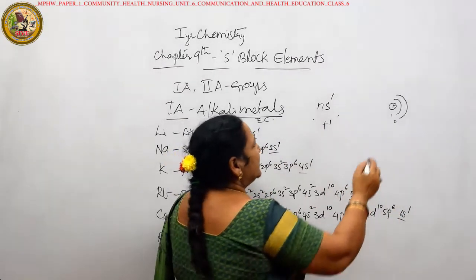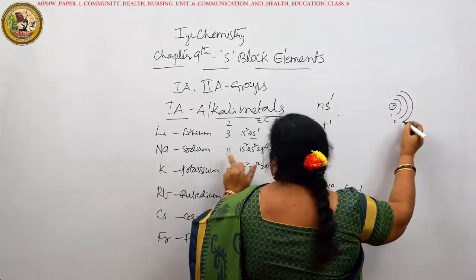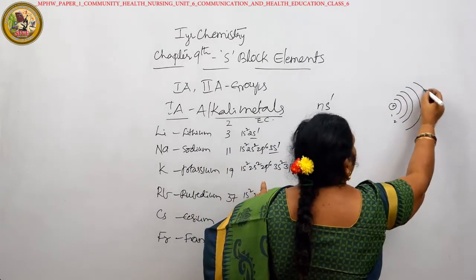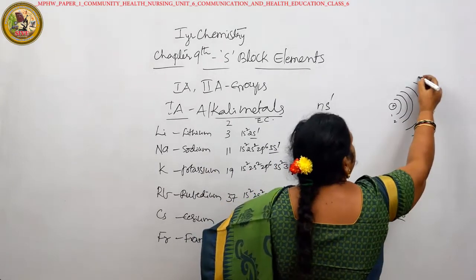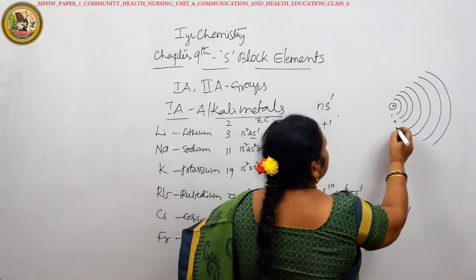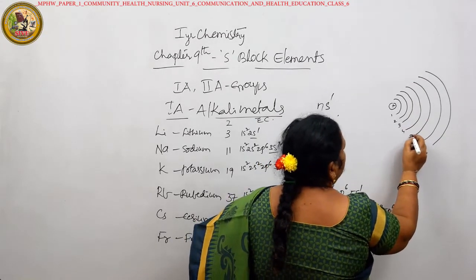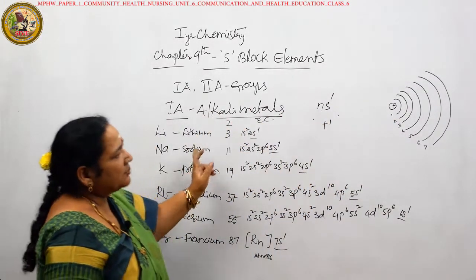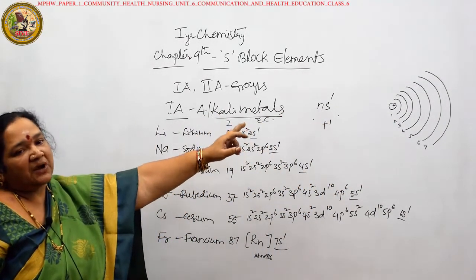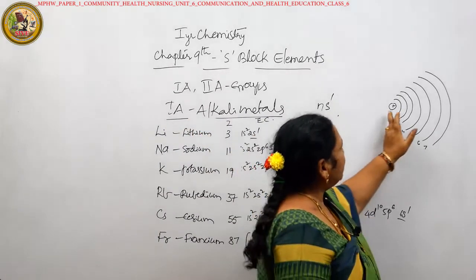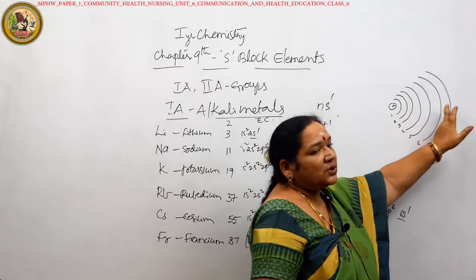And coming to sodium, the third shell enters, and coming to potassium, the fourth shell enters, and coming to rubidium, the fifth shell enters, coming to cesium, the sixth shell enters, and coming to francium, the seventh shell enters. So like that, as you move from top to bottom, there is an increase in the number of shells one by one. That's why the atomic size increases from lithium to francium.